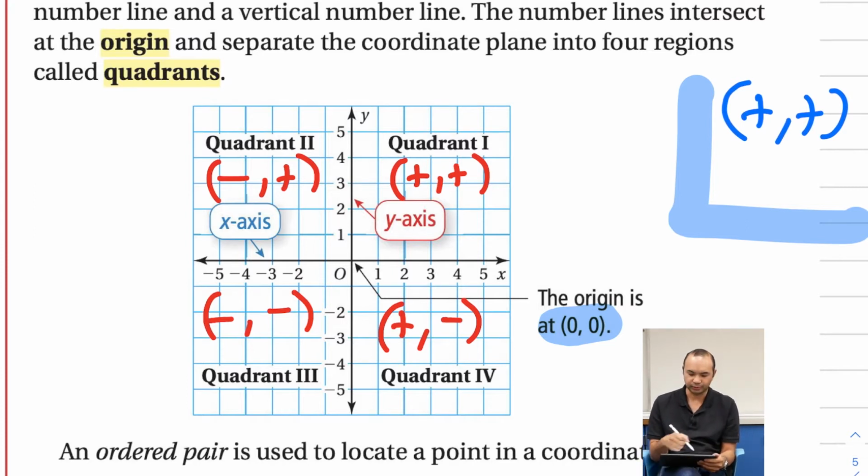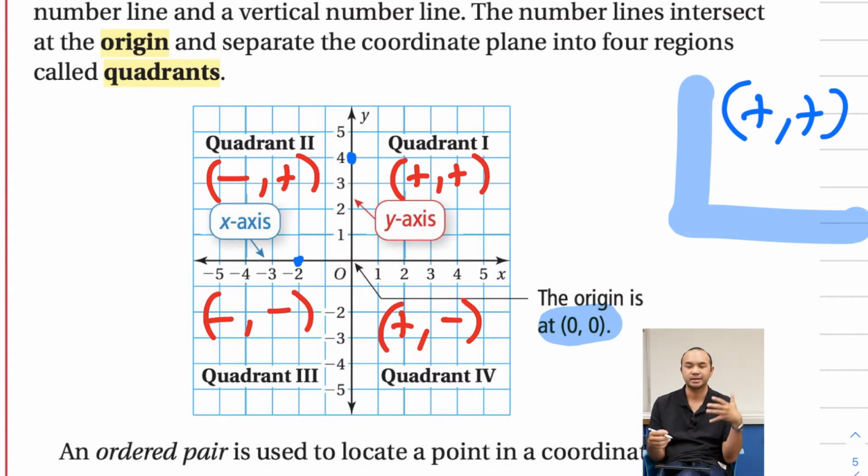Also, when you're talking about where a point lies in the coordinate plane, it's either in one of the 4 quadrants, or on some occasions it's the origin, (0, 0), which is not in any quadrant, or if it's a point like (0, 4), that's on the y-axis, or a point like (-2, 0), that is on the x-axis.